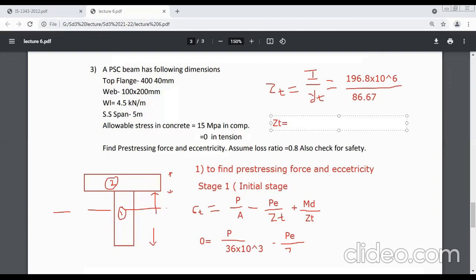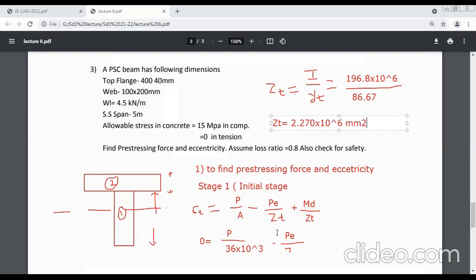Tell me how much ZT is equal to. 196.8 into 10 raised to the power 6 divided by 86.67 will be 2.270 into 10 raised to the power 6 mm cube.